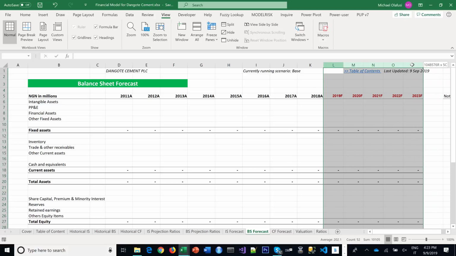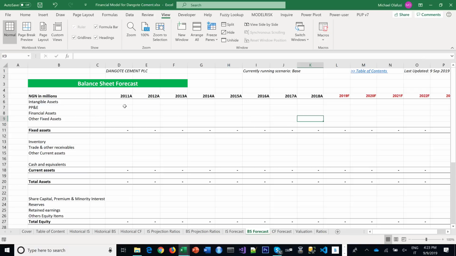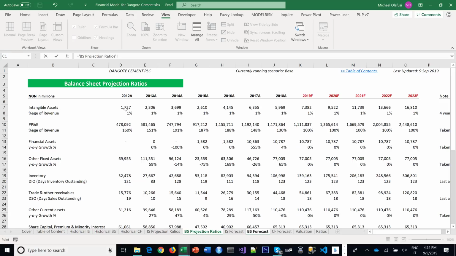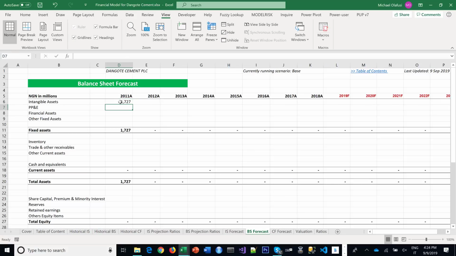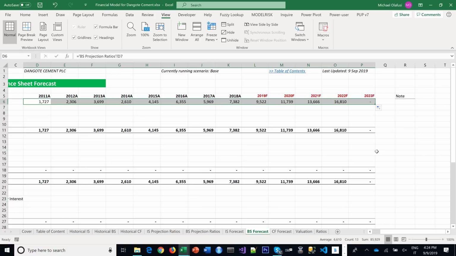I'm going to maybe just slightly increase the size of this. Okay, so for the intangible assets, I can come here, pick as it is here, and I drag all of the way into the future.